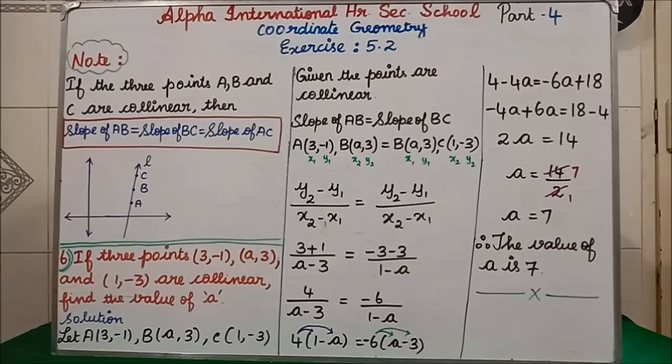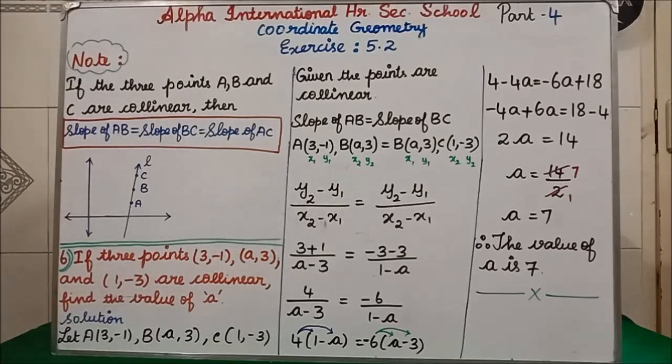You can either use the area of the triangle method from the previous exercise 5.1, or you can use the slope method. Any one method you can do. But if the question mentions solving the collinear using the triangle formula, you have to use only the 5.1 method. Suppose the question asks to find the collinear using the slope method, you have to follow this method.